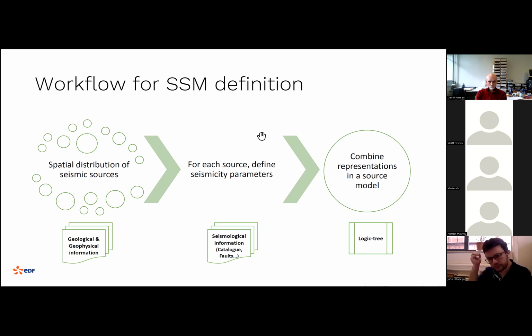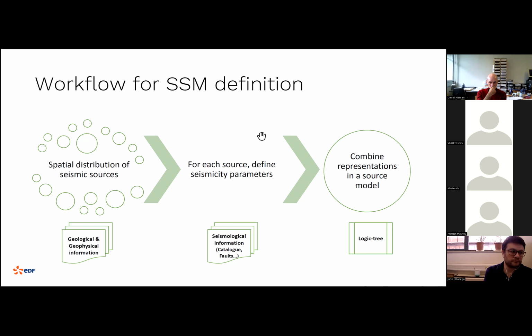The general workflow when defining seismic source models is maybe first to start with the spatial distribution of seismic sources. And this is elaborated based on multiple types of information from geological settings and varying geophysical information.